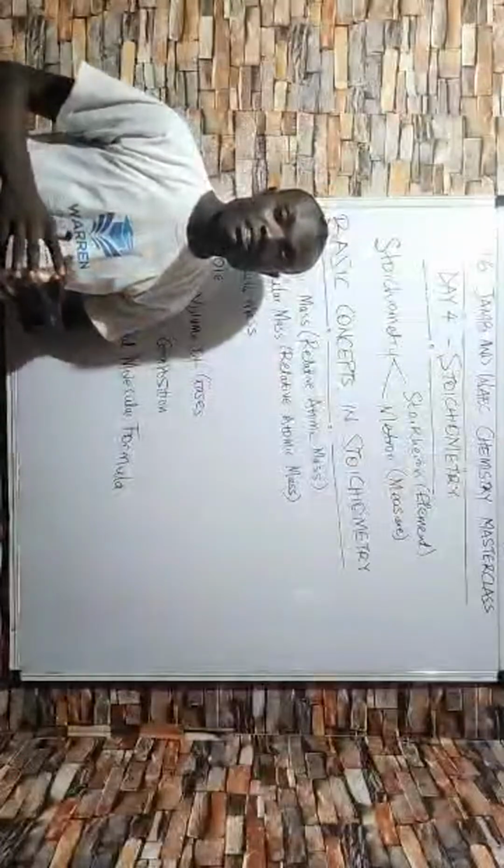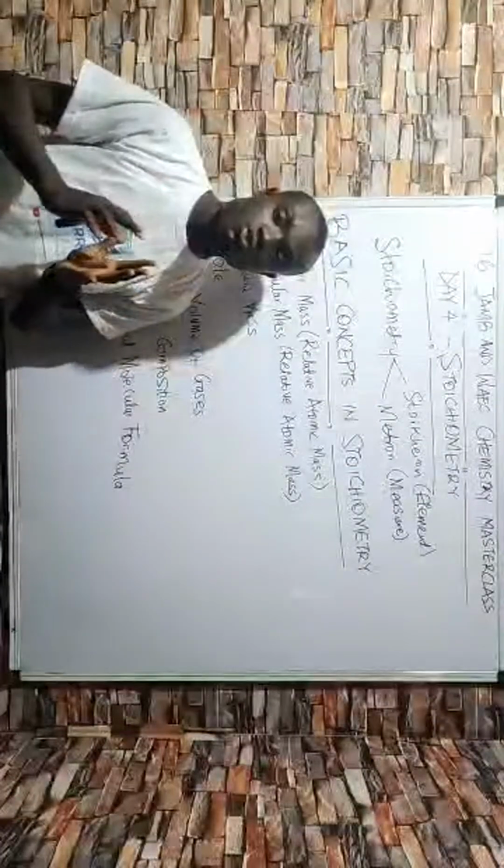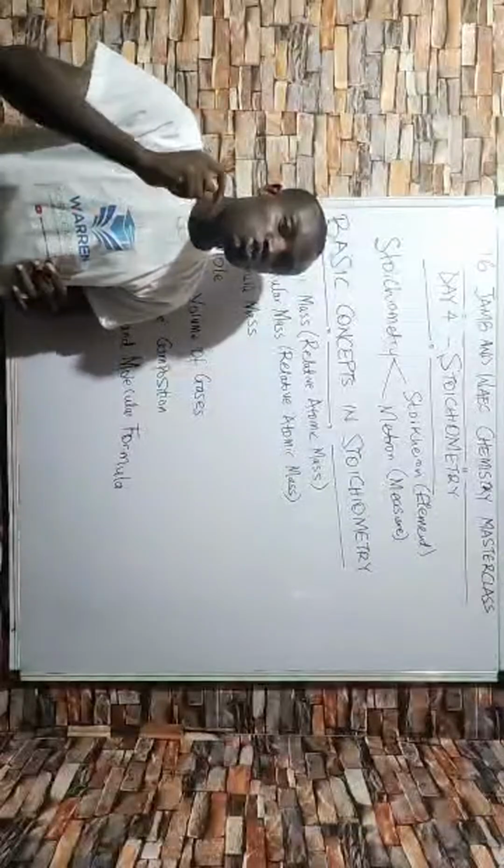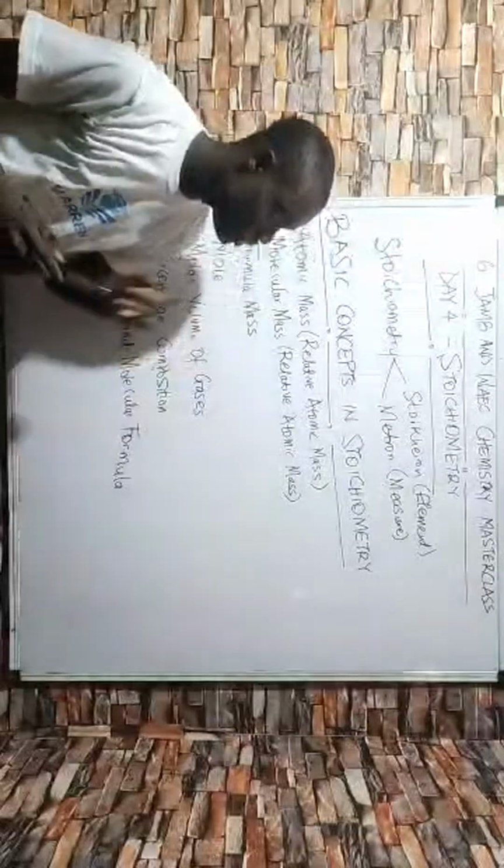Now I want to talk about element. Elements are chemical substances, as we know, that can take part in a chemical reaction, but they will still retain their identity. So let's take that definition.